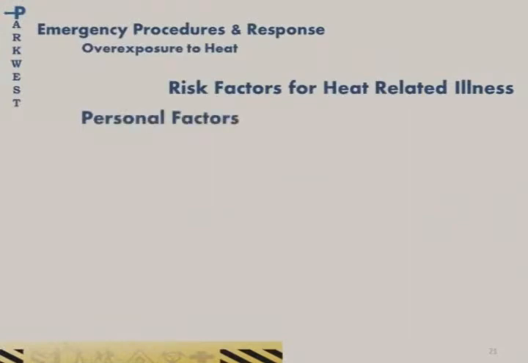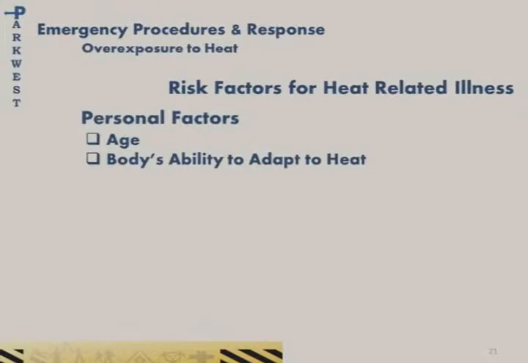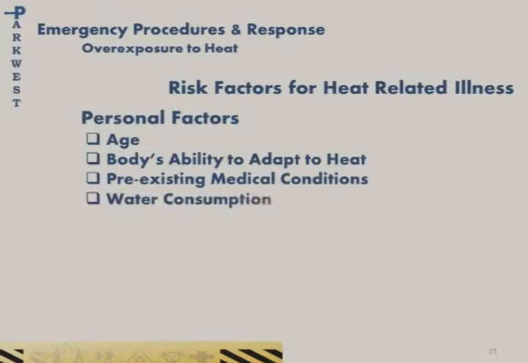Personal risk factors include age, the body's ability to adapt to heat, any pre-existing medical conditions, water consumption, alcohol, caffeine, and tobacco use, and medications that may affect the body's response to heat.